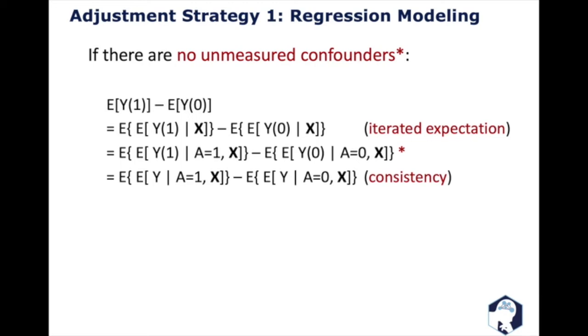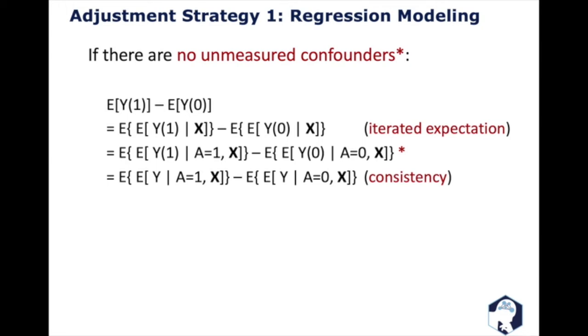And we first use the iterated expectation fact that is very convenient, where we write these marginal expectations as a double expectation, with the outer expectation being with respect to the confounders X, and the inner expectation conditioning on X. Once we condition on X, we have the independence of the potential outcomes and the treatment mechanism using our assumption of no unmeasured confounders.